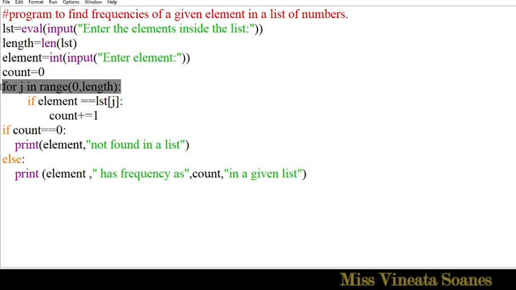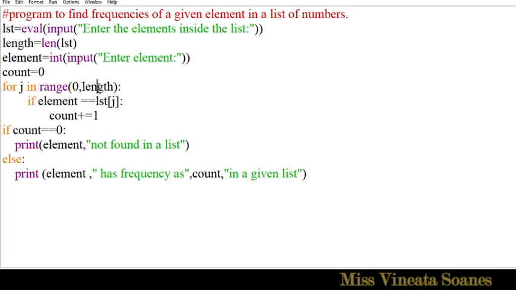Coming to the next part, where we start the loop, and of course we're using a for loop, and of course the range. As I've already explained in previous classes about range, remember this is your starting point, that is 0. You can give 1, you can give 2, but by default it's going to start from 0 itself. If you want to start from 1 you can, but remember this would be minus 1.